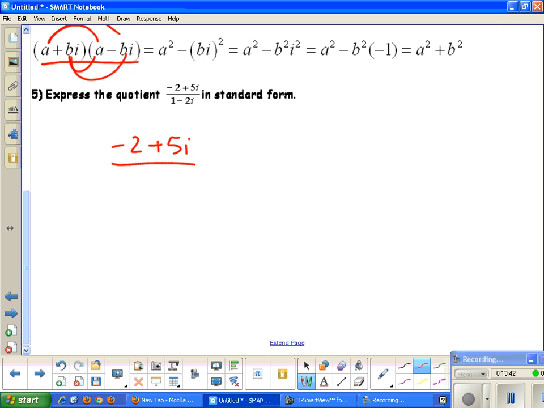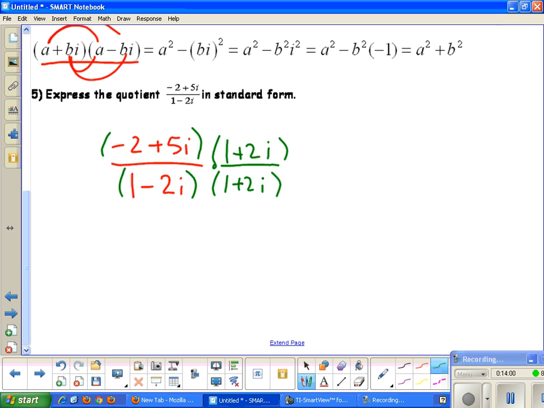The only way that I can do that is by using my conjugate pair. So 1 minus 2i, the conjugate of that would be 1 plus 2i.